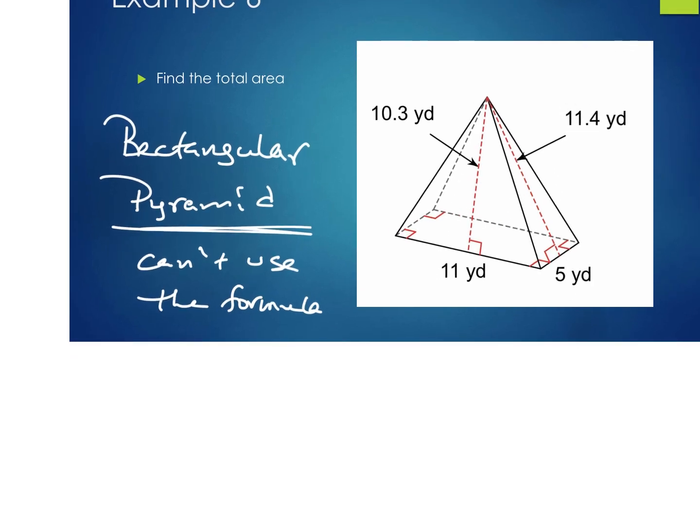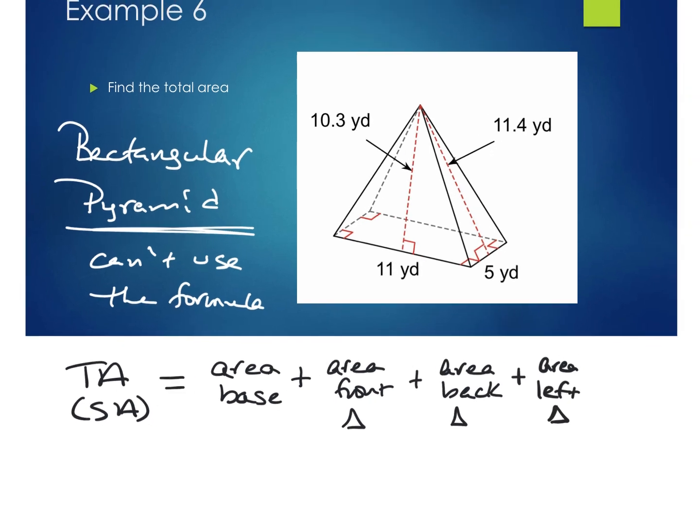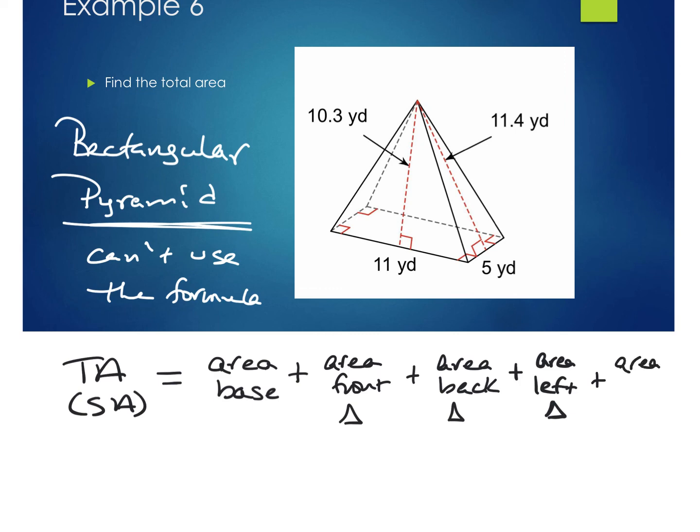So what I'm going to do for this one is for my total area or surface area, however you see it, we're going to find the area of the base, and then we're going to add the area of the front triangle plus the area of the back triangle plus the area of the left triangle plus the area of the right triangle.